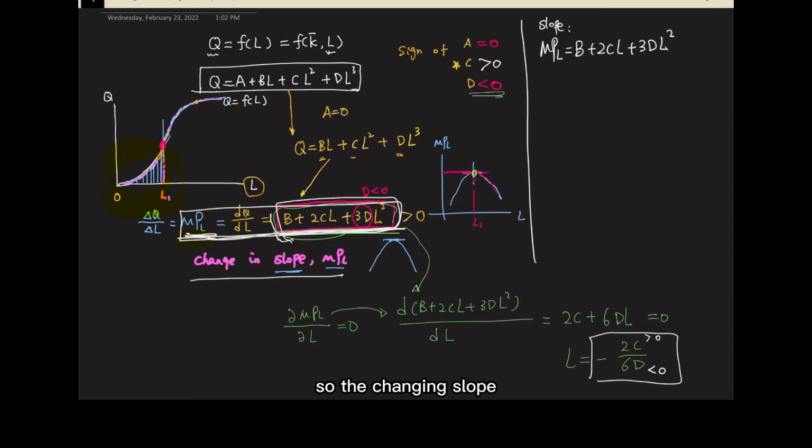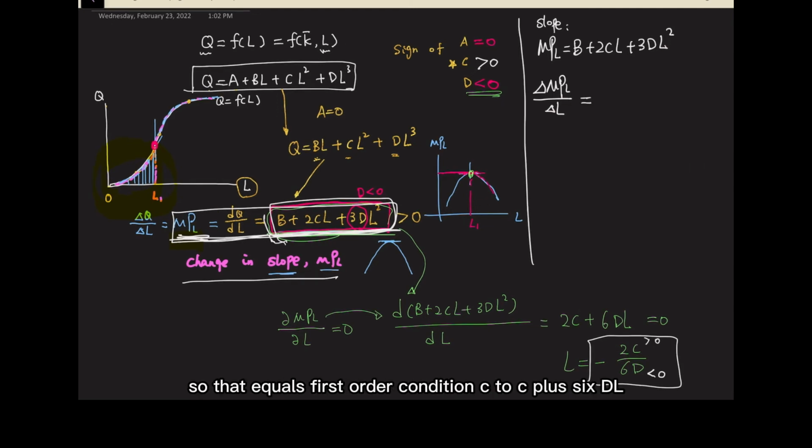So the change in slope, when there's a change in L, so that's the slope of the marginal product labor, or the change in marginal product labor when there's a unit change in labor, equals the first order condition, 2C plus 6DL, right? So now this gives you the relationship between marginal product labor and the amount of labor input.